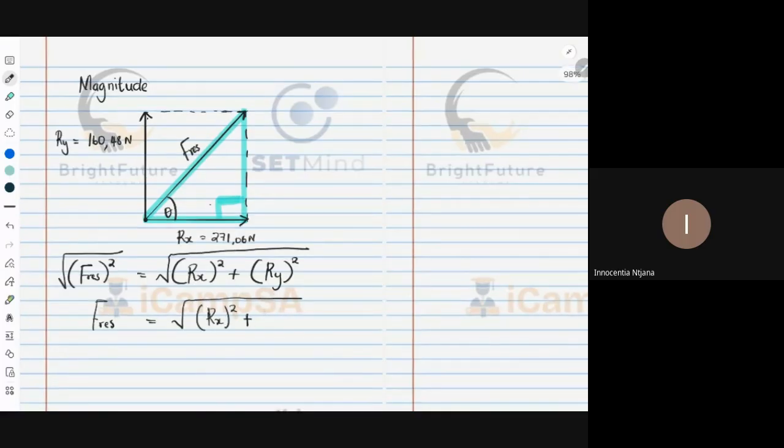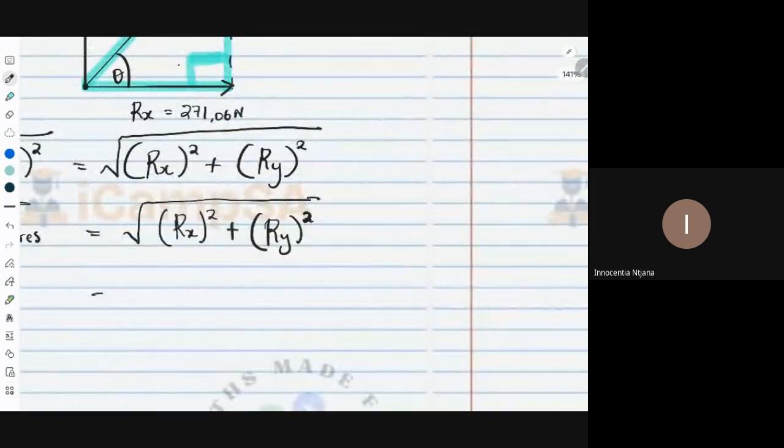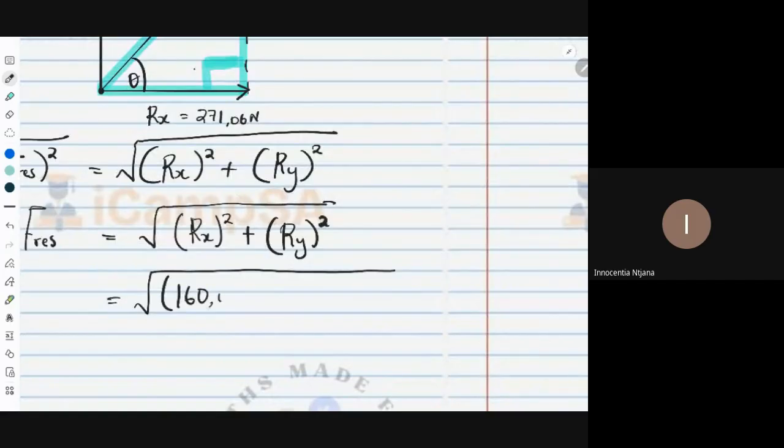Using brackets is a good habit, by the way, so that when you have a negative sign it looks right. But you don't have to use them if you know your maths. So now we have this. What is our Rx? We said Rx is 160.48, plus 271.06 squared.